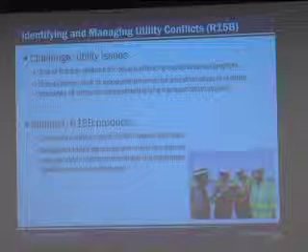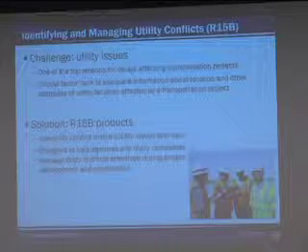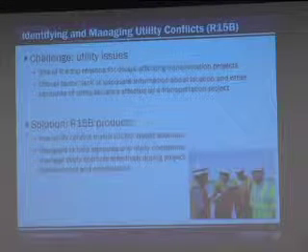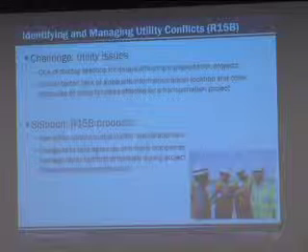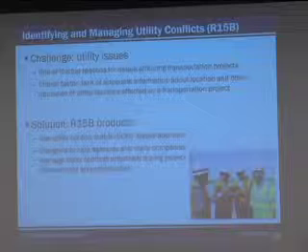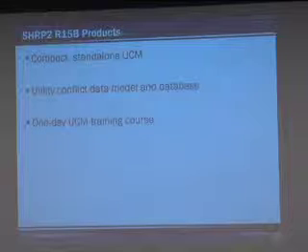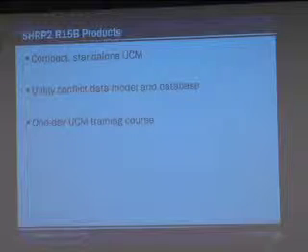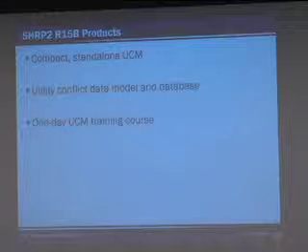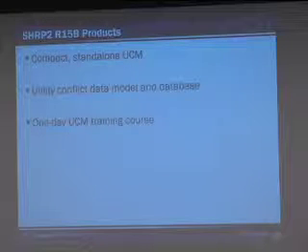For the SHRP 2 R15B project, we developed several products. One of them is a utility conflict matrix, and I will talk about those three right here. We developed a compact standalone utility conflict matrix that was intended to be used by utility coordinators without a lot of support by IT personnel.